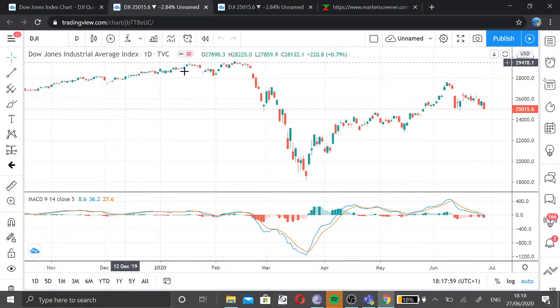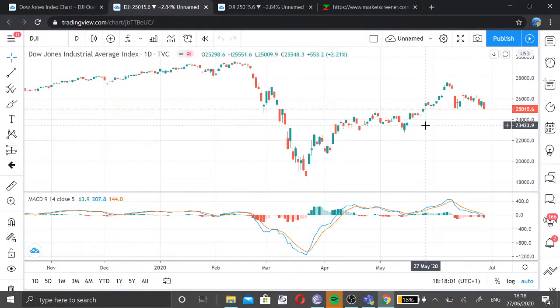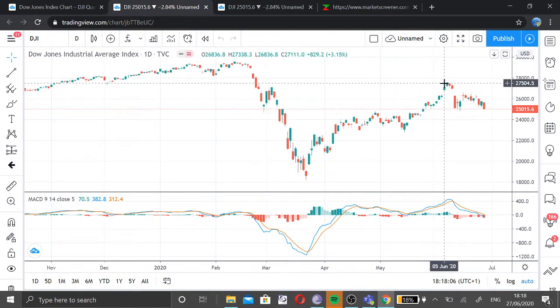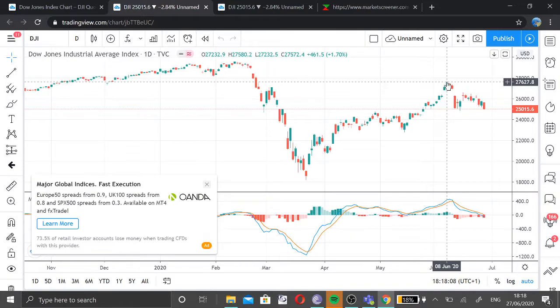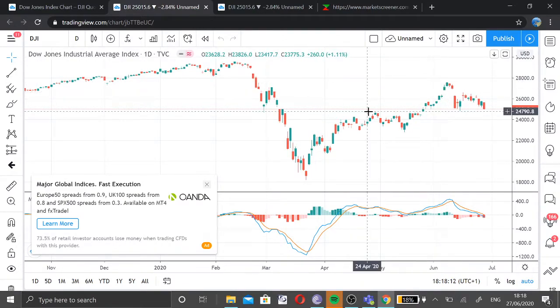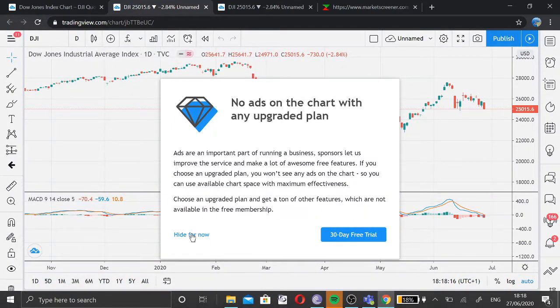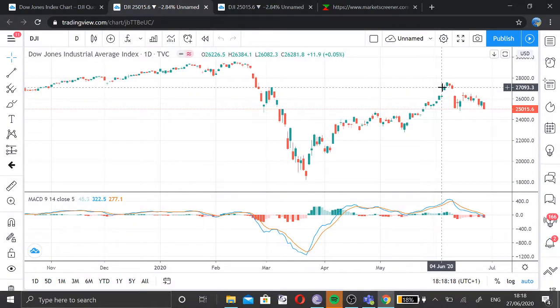Let's look at the daily chart first. You can see that it has made a high here recently, which was around the 27,500 mark, and since then it is consolidating.